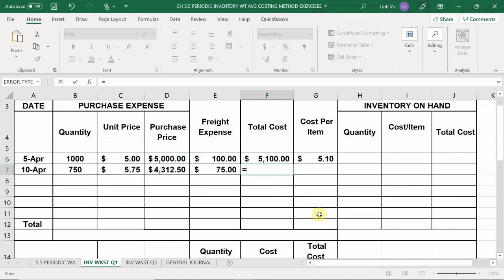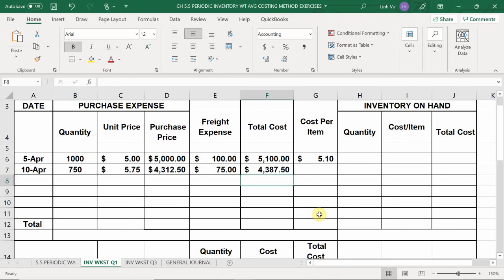Plus my $75 gives me a total cost of $4,387.